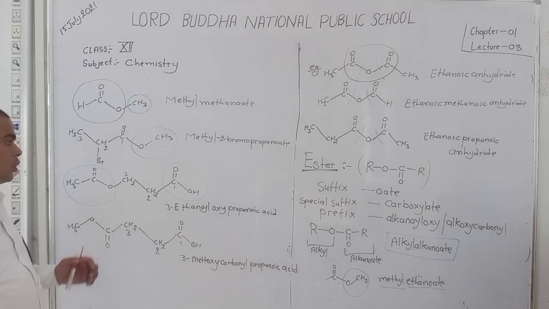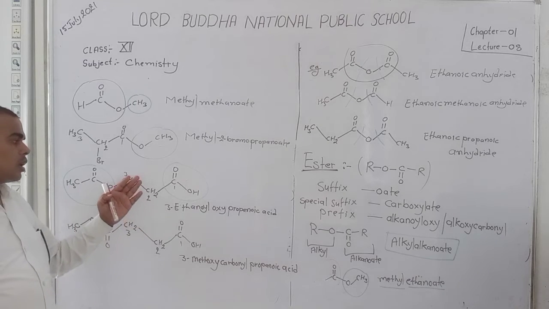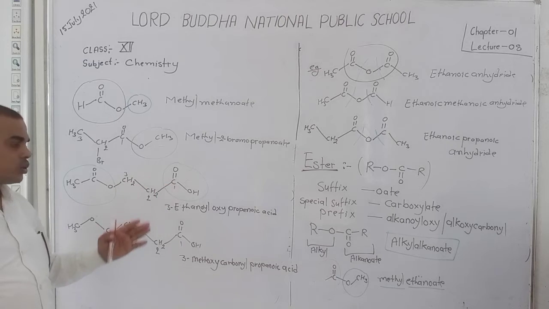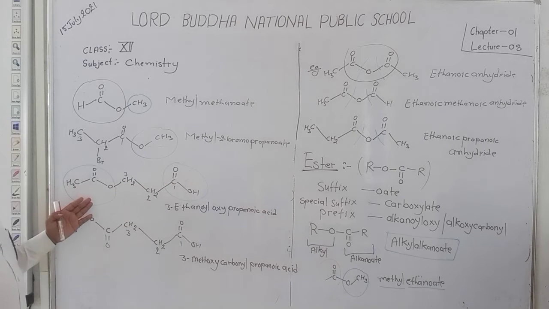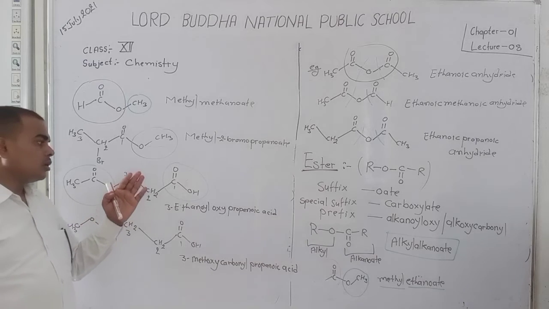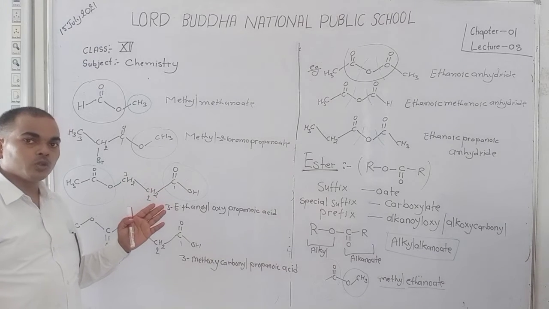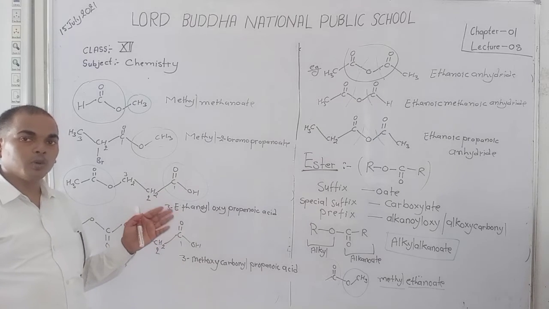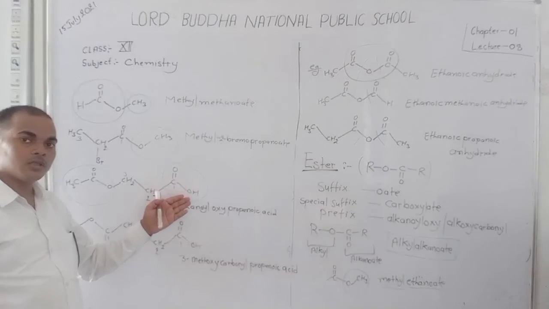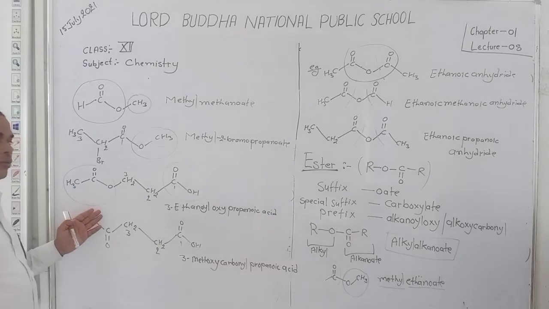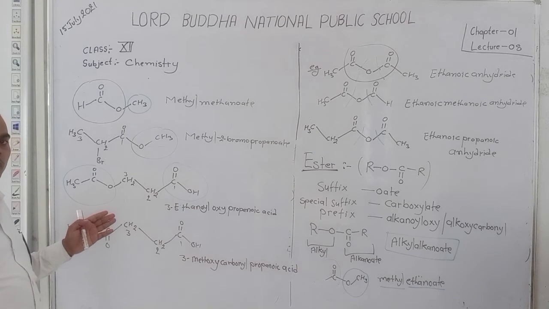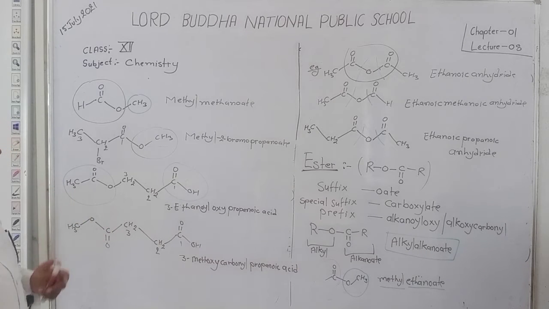So we use the carboxylic group as the principal functional group and ester as a substituent. You know that the group treated as principal functional group retains its suffix, and the group treated as substituent retains its prefix.